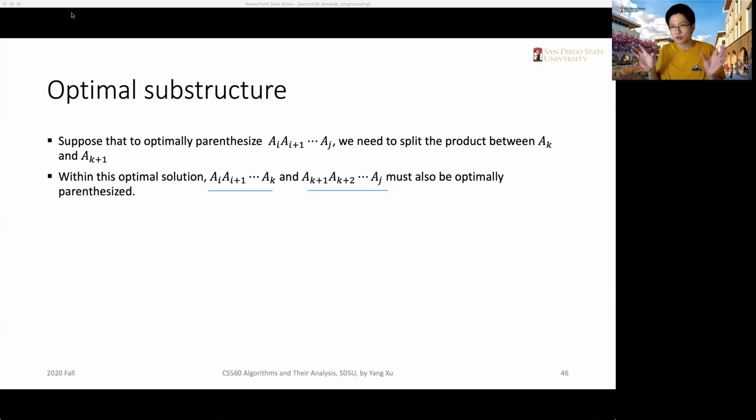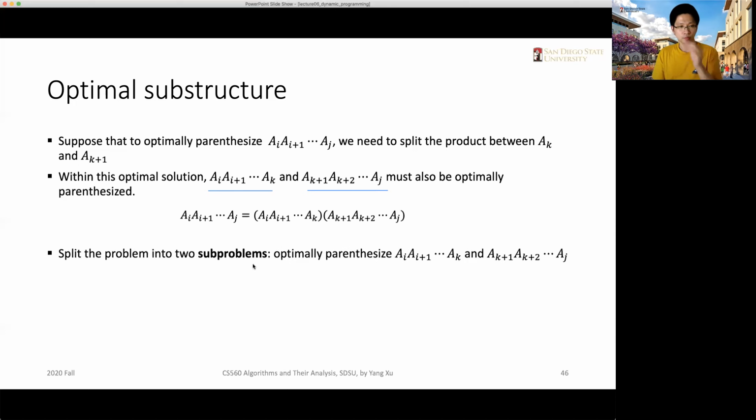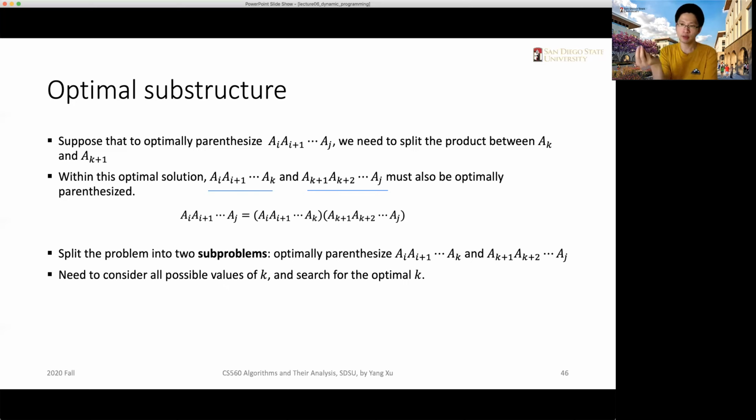So in order to obtain the optimal solution of the bigger one, we need to optimally parenthesize each of the subchains. We basically split into two subproblems, the left chain and the right chain. And we need to consider all possible values of k, because we need to choose the one that returns the optimal result, which is the minimal cost.